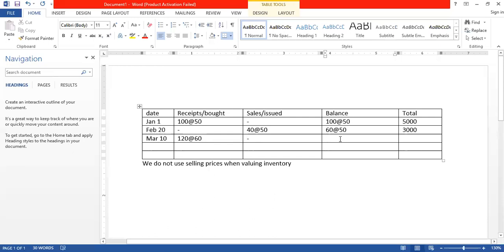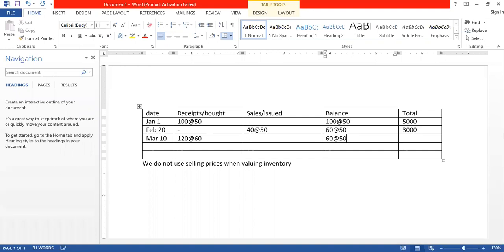The first thing that you need to do is bring down the balance from the previous month. So in this case, you have 60. So you bring down your 60 at the price of 50.